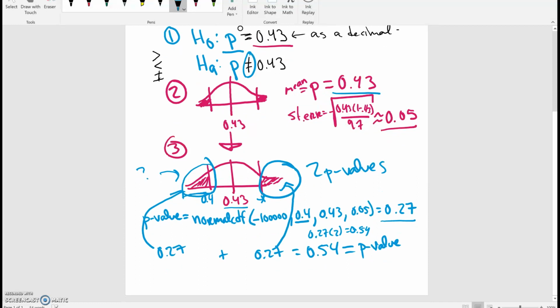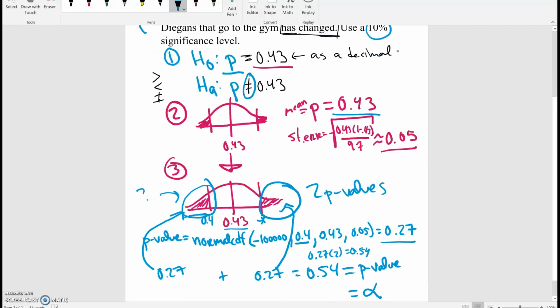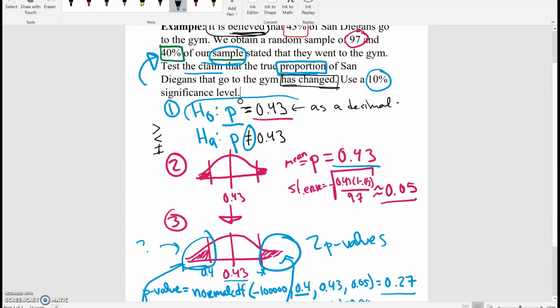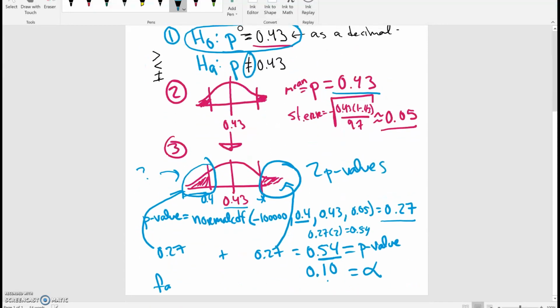Okay, so is the p-value low? Well, let's see. We have to look at our level alpha, right? If we look at alpha, it is 10%, as a decimal, that's just 0.1. Notice that the p-value is much larger than this. The p-value is not low, so we cannot reject this. We fail to reject.